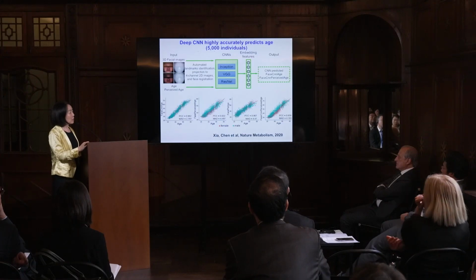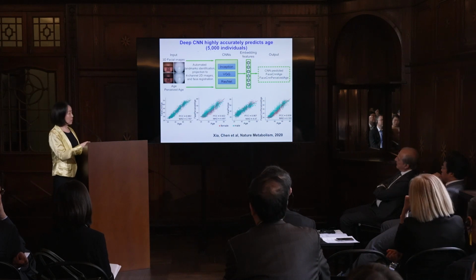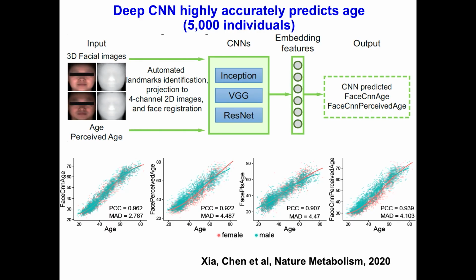Perceived age is what other people see when they look at your face and determine what your age is. So this is basically artificially determined age by human judges. And you can see the perceived age has a much larger error than our CNN AI clock. It's 4.5. But it's very similar to the linear clock built from the same cohort.